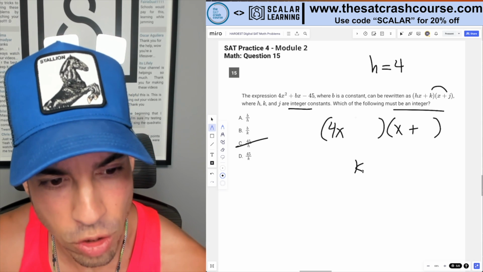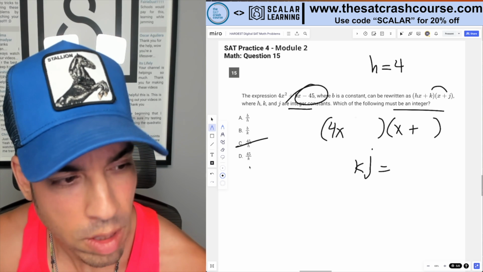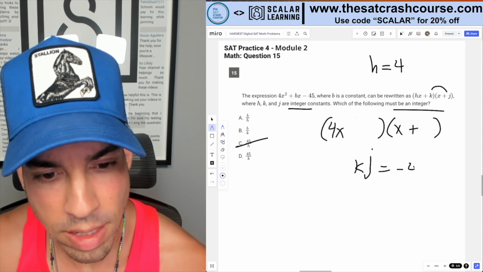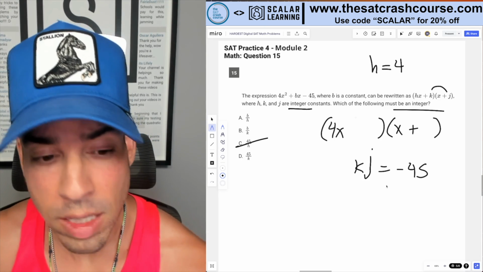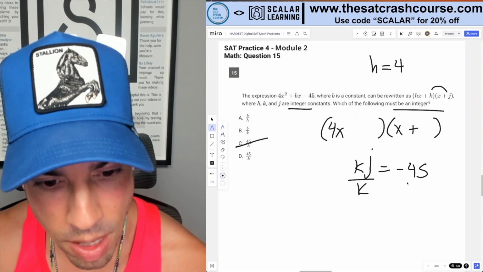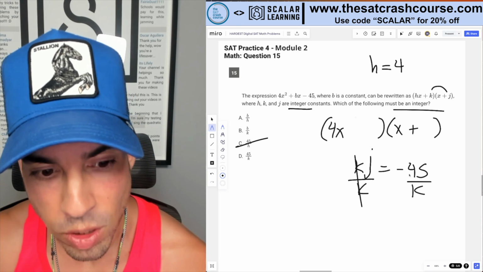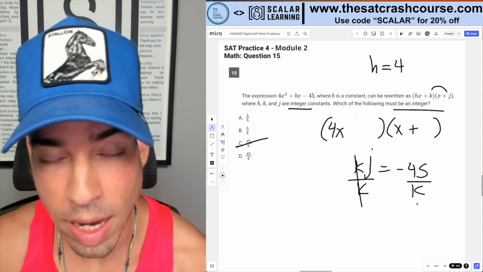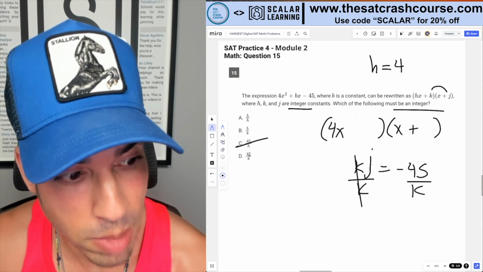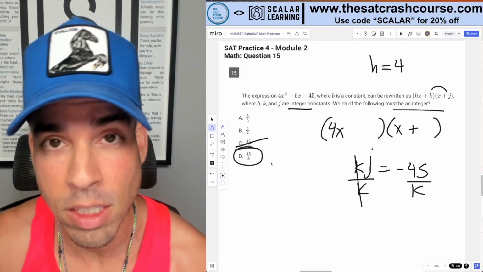Those two integers at the end, k times j has to equal this constant at the end, negative 45, right? The product of k times j is negative 45. What this leads me to believe then is if I divide by k, right? J equals negative 45 over k. And since I know that j is an integer, negative 45 over k must be an integer, which means that regardless of the sign, 45 over k has to be an integer.